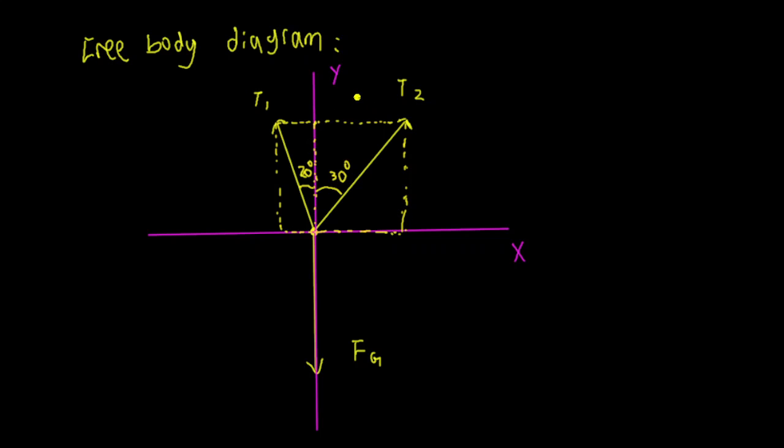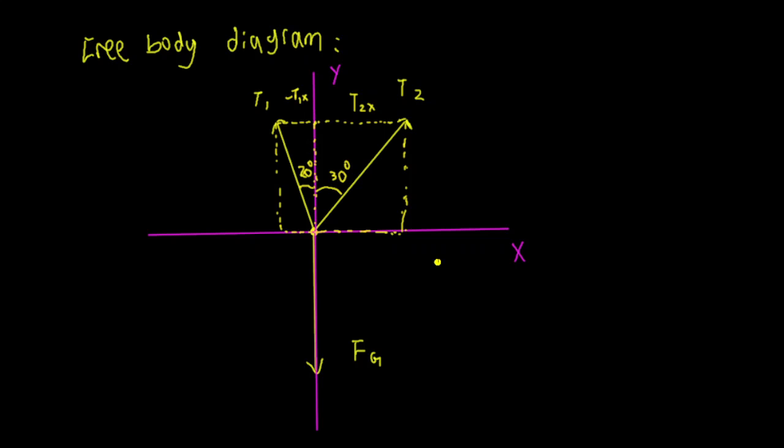So let's see, right? This is tension 1 in the x direction, but this is the negative x-axis. So I have to write it down as negative T1x. And this is the x component of the tension 2, and it's in the positive direction. I have to write down as T2x, right?